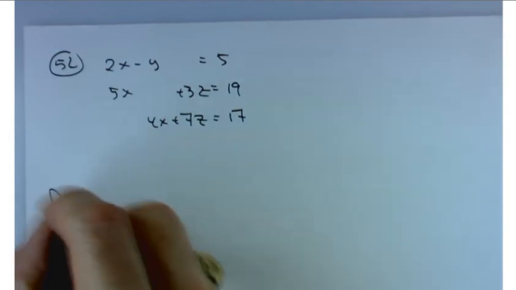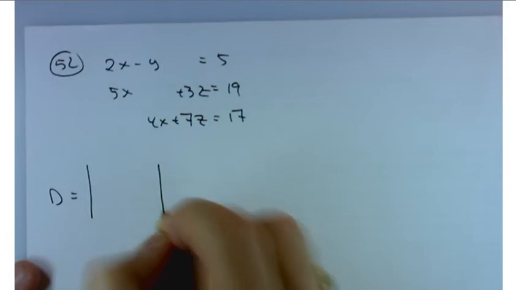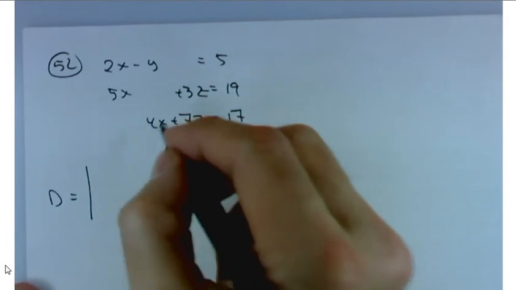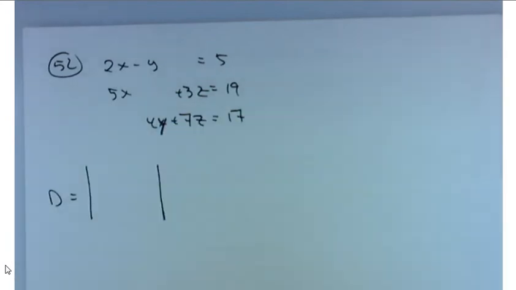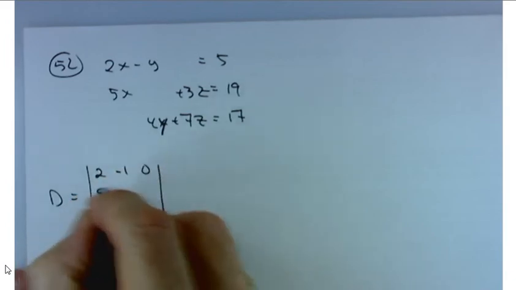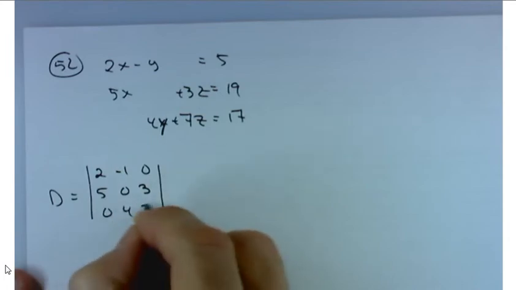We're going to start by needing the determinant of some matrices, starting out with the determinant of the matrix of coefficients. For y, thank you. It's just for y. So that first one's going to be 2, negative 1, 0, 5, 0, 3, 0, 4, and 7.